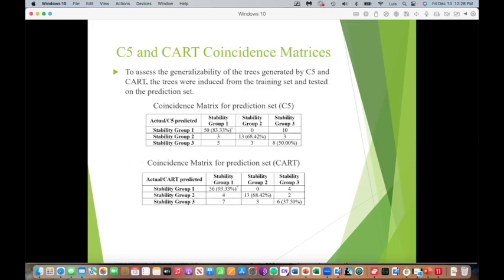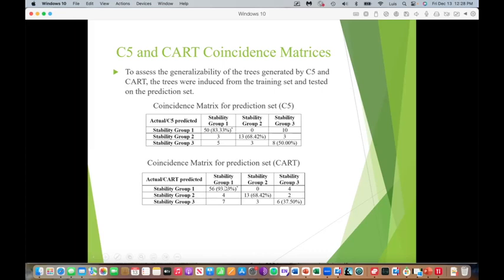C5 is a classification model, and it has about 83% accuracy here, in the coincidence matrix, falling in the right category. And you can see that CART was a little better.